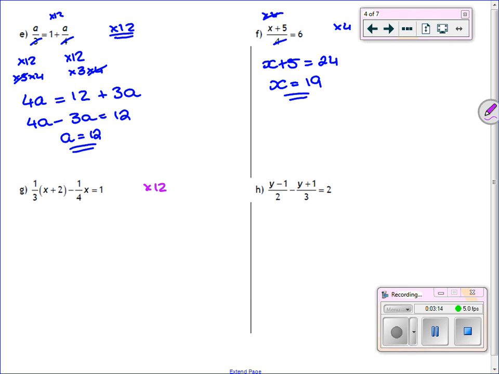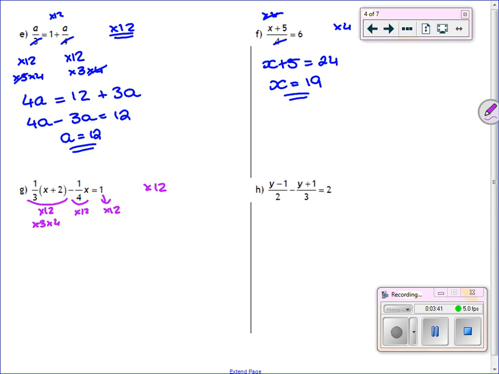I need to multiply this bit here by 12. I need to multiply this bit here by 12. I need to multiply this bit here by 12. So the third bracket, x plus 2, if I multiply that by 12, that's the same as saying multiply by 3, multiply by 4.